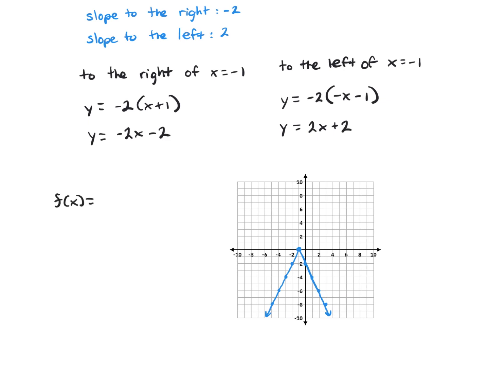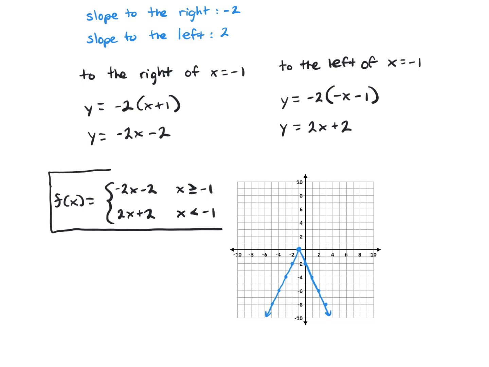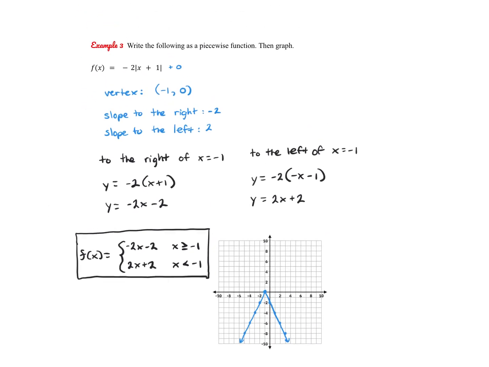So we'll say f of x equals, and then we have -2x minus 2 for x is greater than or equal to -1, so to the right of -1. And then we have 2x plus 2 for when x is less than -1. So that is the piecewise version of our absolute value function.